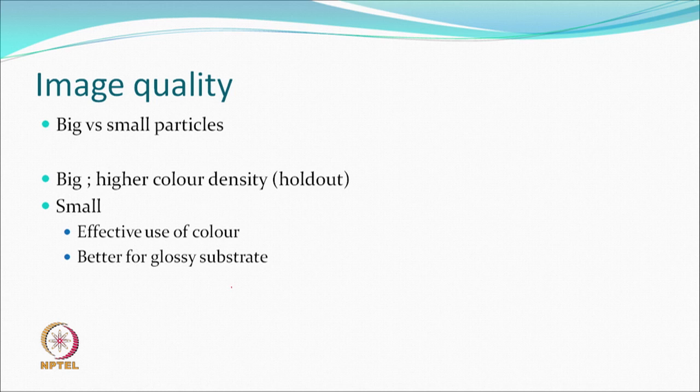The smaller particles actually lead to an effective use of color, and generally for a glossy substrate they are used as a smaller particle. But the best reason why a particle size should have a certain value would basically depend more on jetability rather than only looking at the color density and so on and so forth.